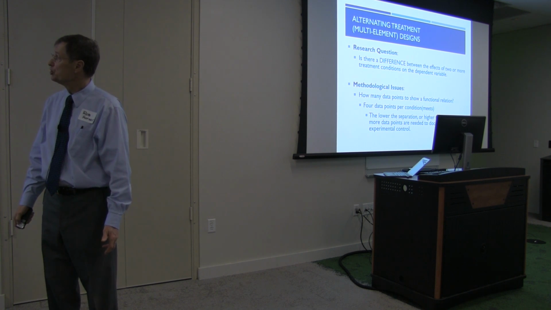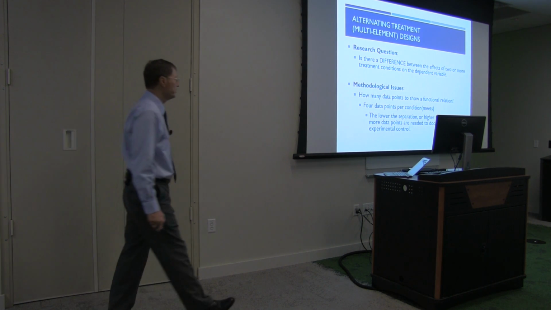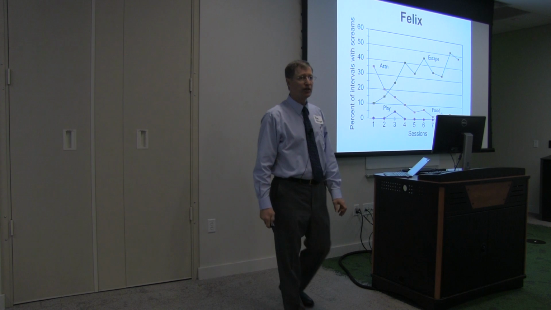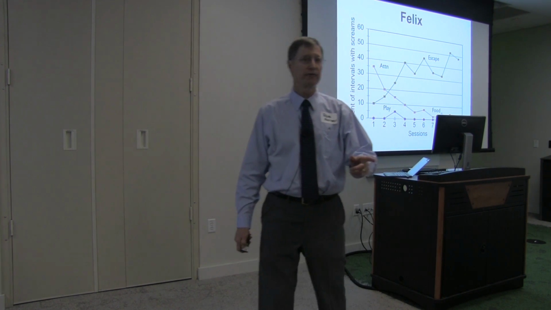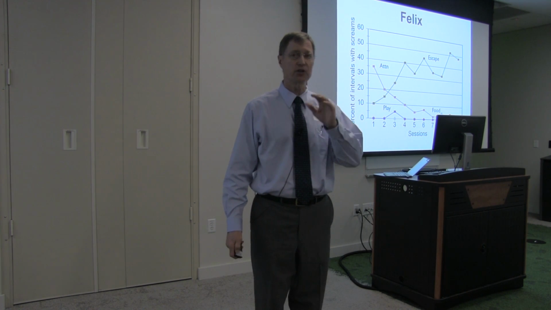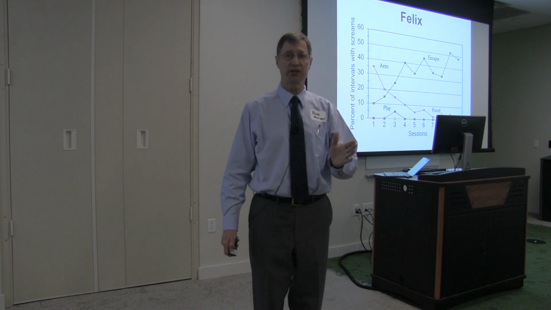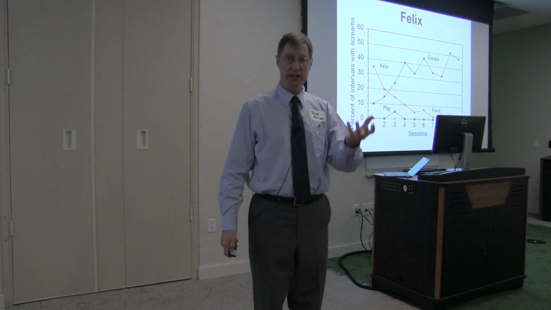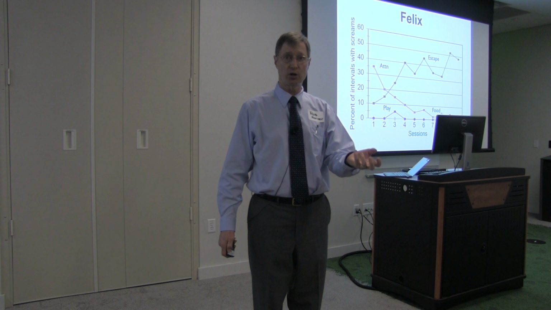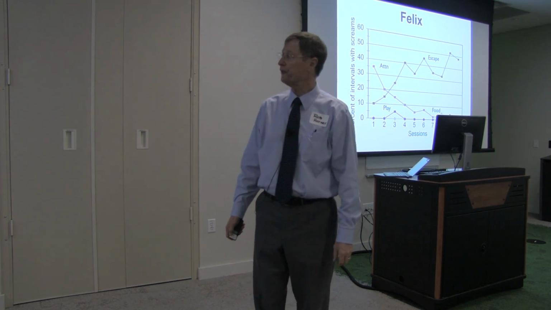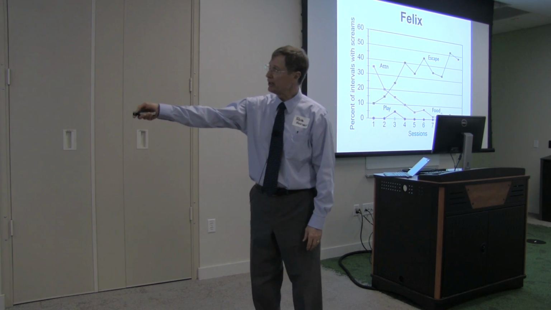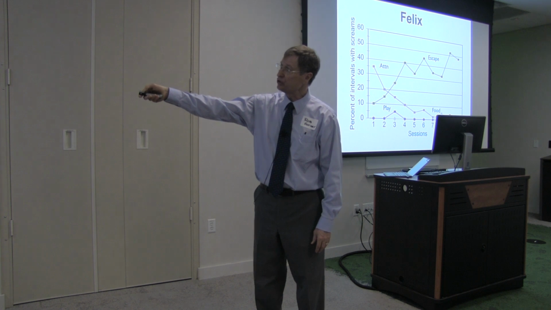All right. So alternating treatment designs. The tricky piece, those of you who have done functional analyses, a functional analysis is a process of identifying the variables that affect a targeted behavior. So oftentimes what you do is you identify, let's say, screams.